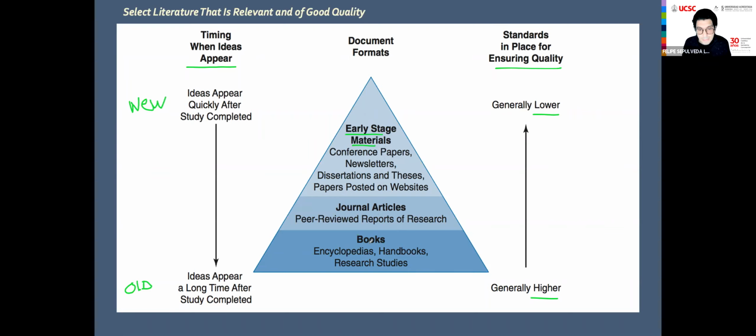And the third type of sources are the encyclopedias, handbooks, and research studies. Usually, that material is very good, but it takes time and a lot of information has to be collected about the same topic to synthesize and produce a book.